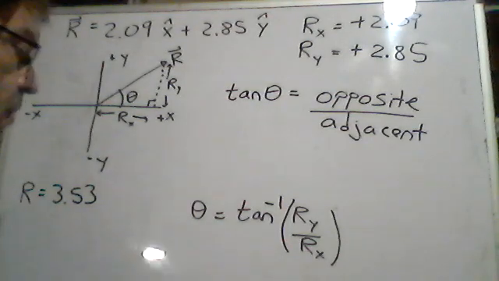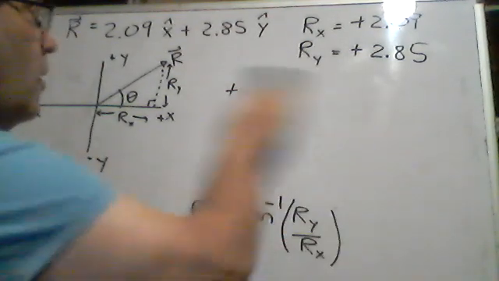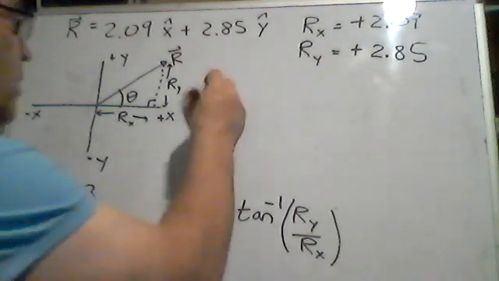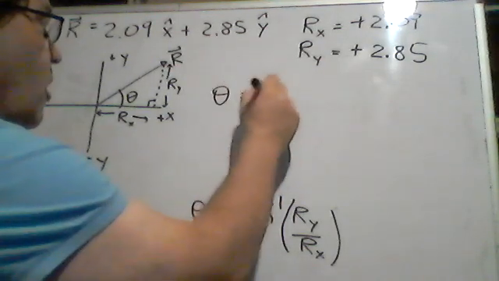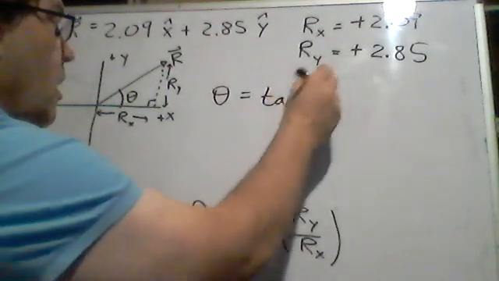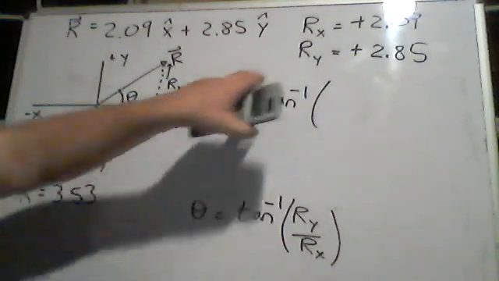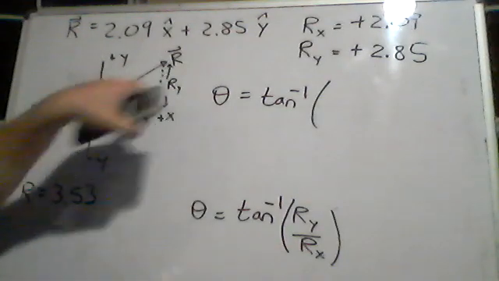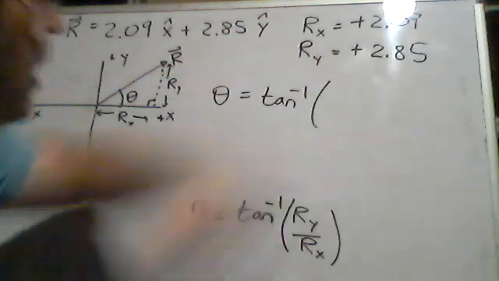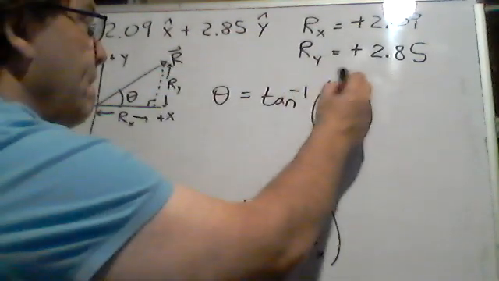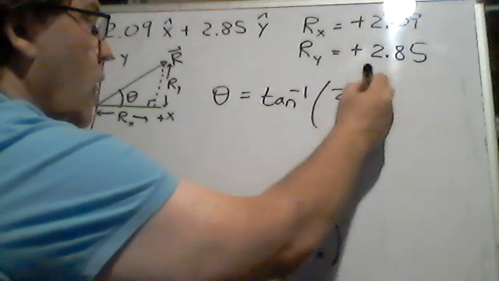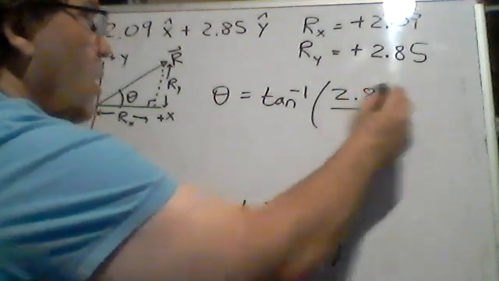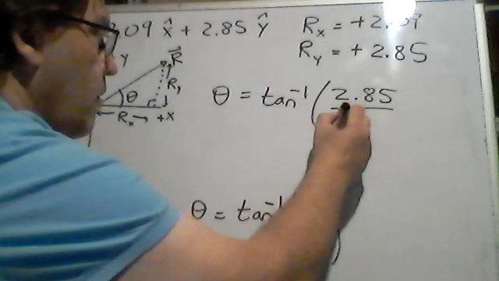So theta is now going to be the inverse tangent of r sub y, 2.85, divided by r sub x, 2.09.